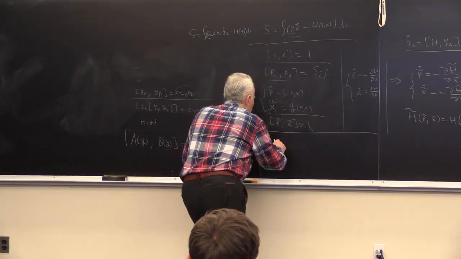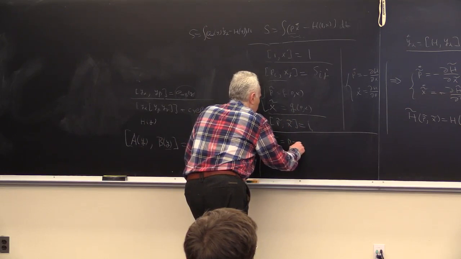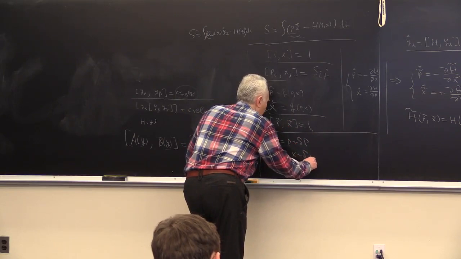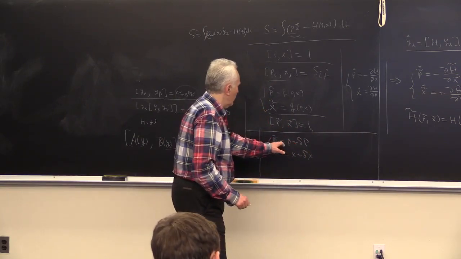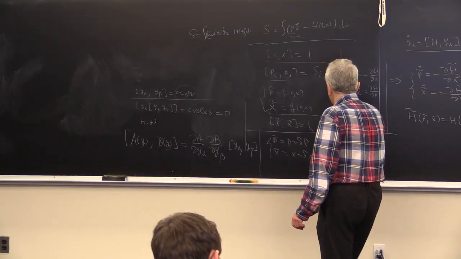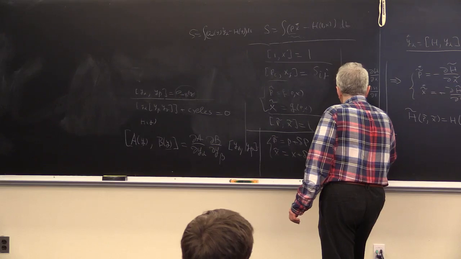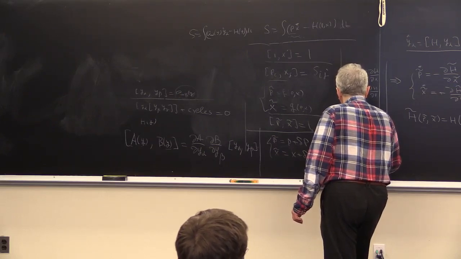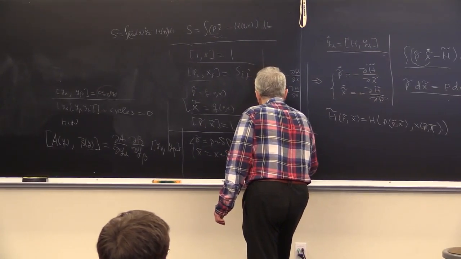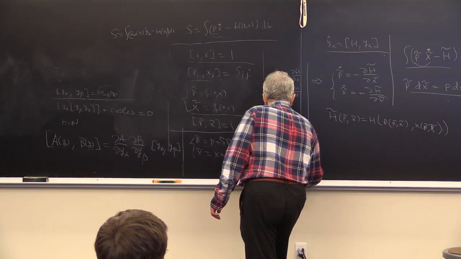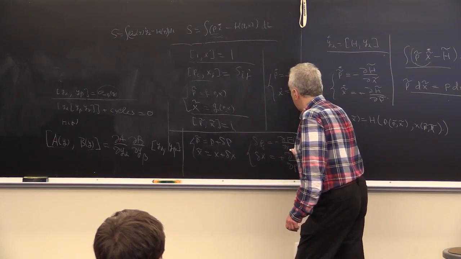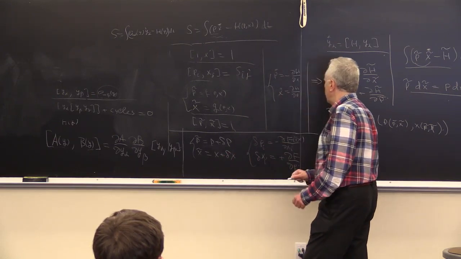the general infinitesimal form of canonical transformation. You have a variation of p and x, and the general form is given by an arbitrary function of p and x. If there are many coordinates, then there is just an index i here and here.